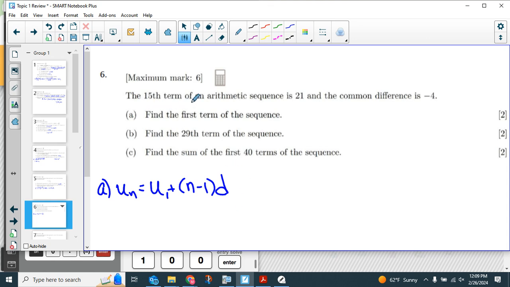All right, so we know that the 15th term is 21, so u sub 15 is 21. We don't know u sub 1, that's what we're trying to find. If we're talking about the 15th term here, my n is 15, and my d is -4.